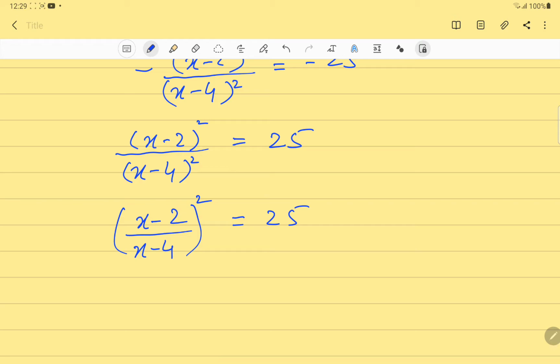What we have done here, we have used this formula: a raised to power m over b raised to power m is equal to (a over b) raised to power m. Okay, let's take square root of both sides.